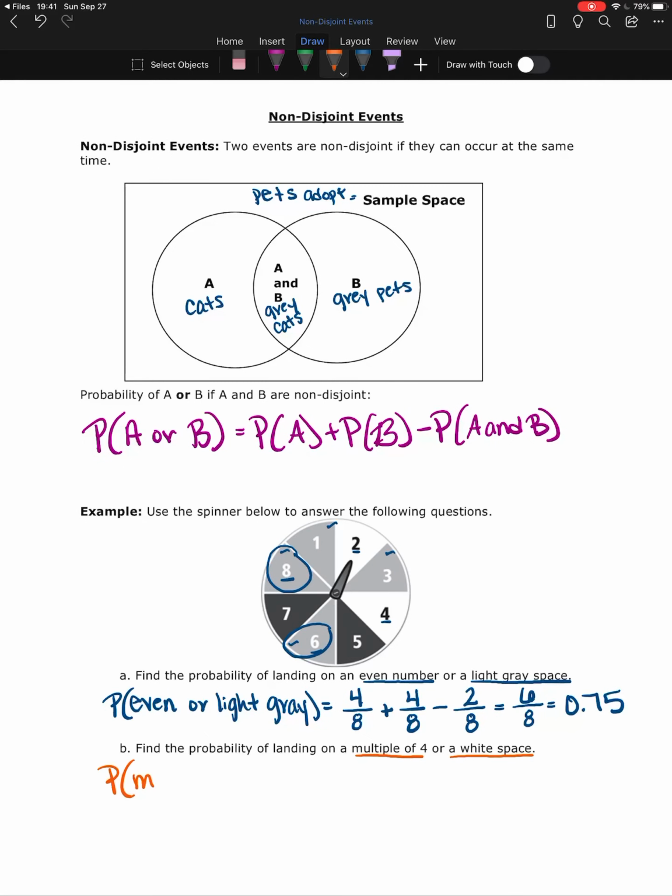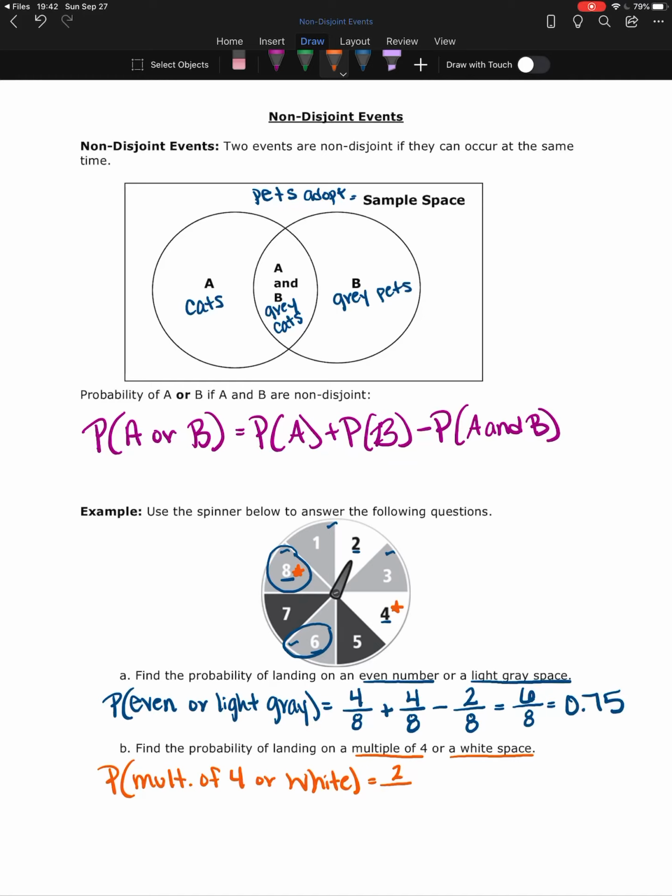Again, it is possible to be a multiple of 4 and a white space at the same time. So these events are not disjoint. In here, multiples of 4, I have one multiple of 4 and a second multiple of 4.